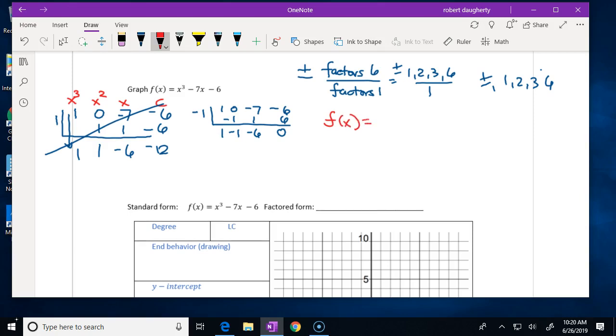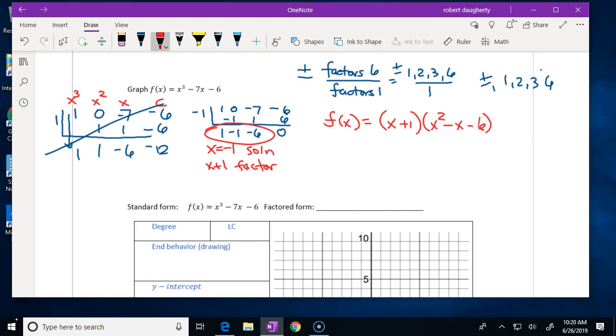So f of x equals... if x equals negative 1 is a solution, that means that x plus 1 is a factor. So this is x plus 1, and then you read this information right here, times x squared minus x minus 6.